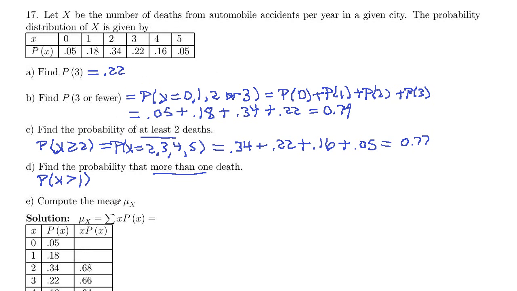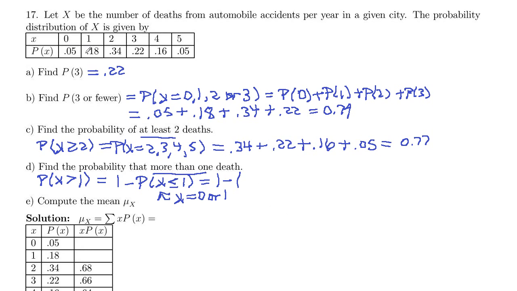Now let me show you another way to do this. So this is probability x is greater than 1, which is 0.77 from part C, but also we could do the opposite probability, so the complement rule. So this is 1 minus the probability that x is less than or equal to 1, so that would be x equals 0 or 1, the two ways to be less than or equal to 1.